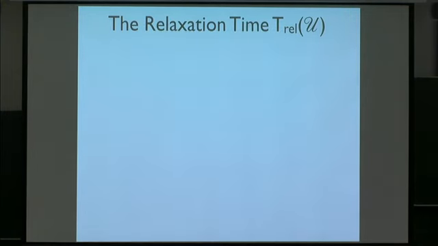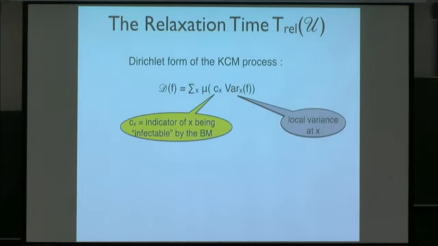Now the relaxation time is the following. There is a little digression in Markov chains or Markov processes. You have the quadratic form of the generator of the chain, the Dirichlet form of the process. For a KCM process, this takes the following form: you sum over all vertices, and you take the average of the local variance of a function.